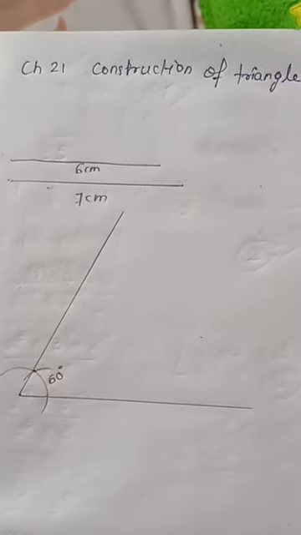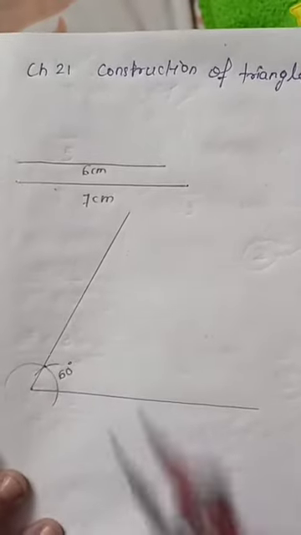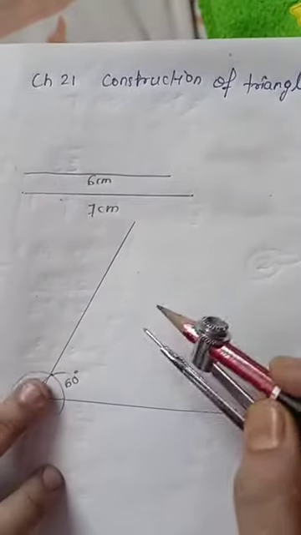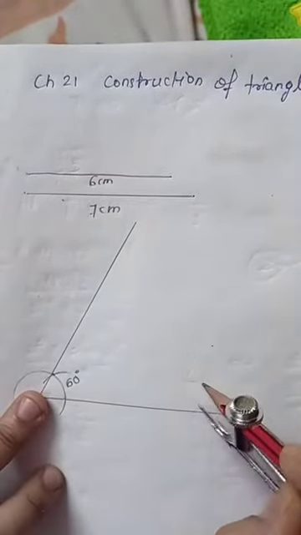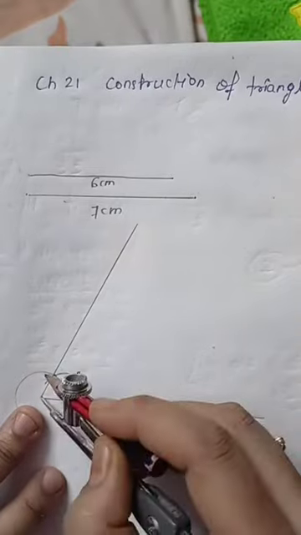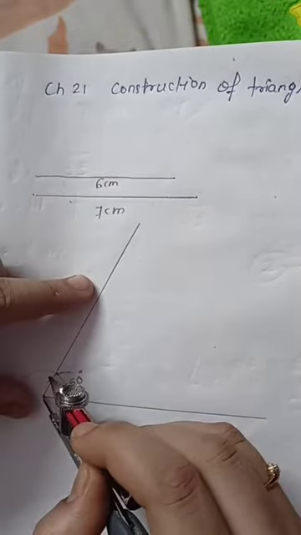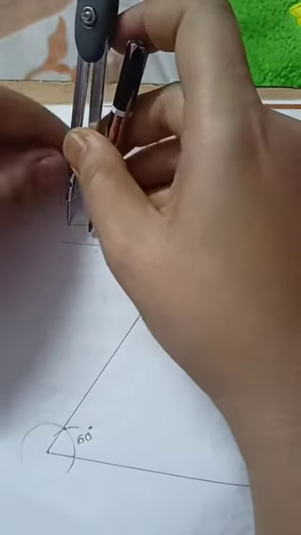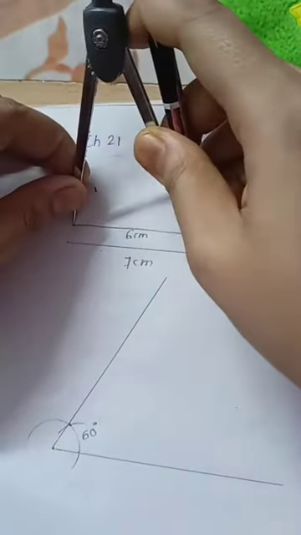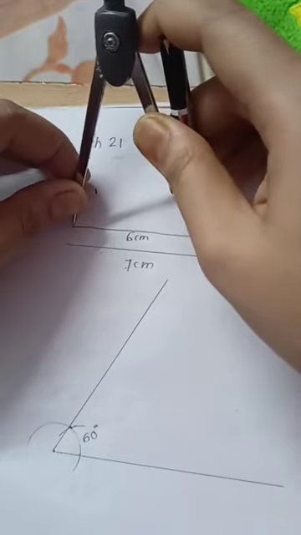Now further my question is saying that the length of the side opposite to this 60 degree angle is 7 centimeter. If I assume this side to be 6 centimeter, I will measure this line segment with the help of the compass like this, 6 centimeter. See here I am measuring.